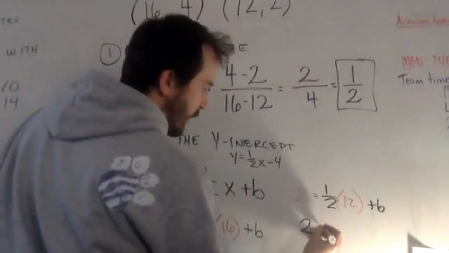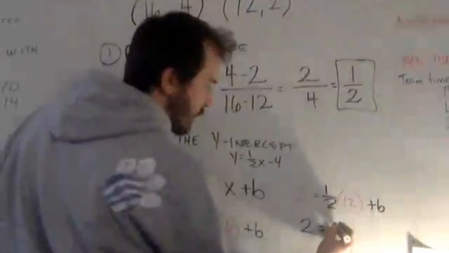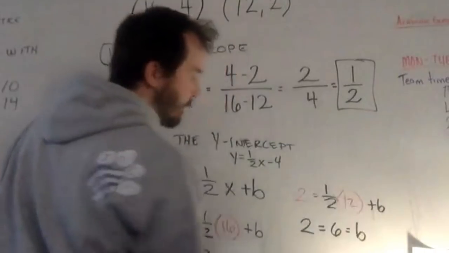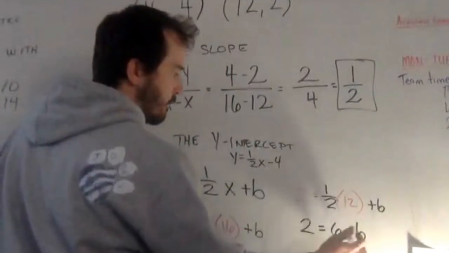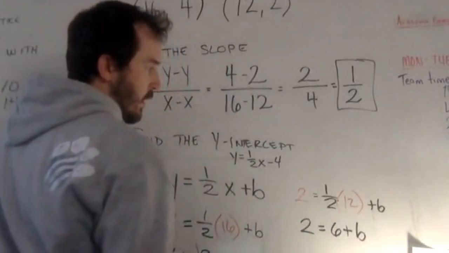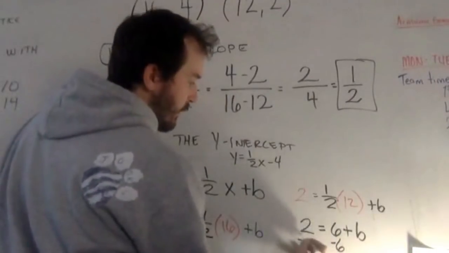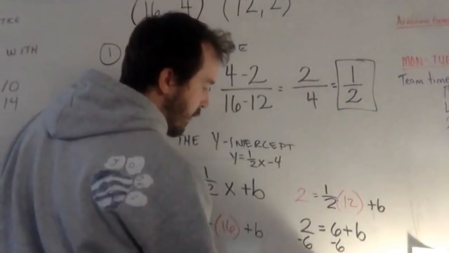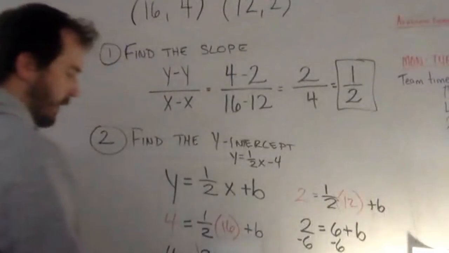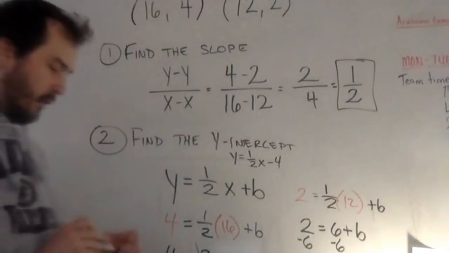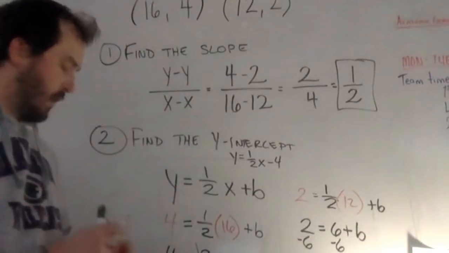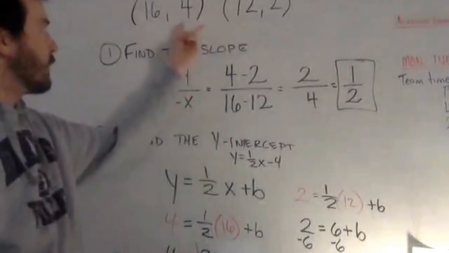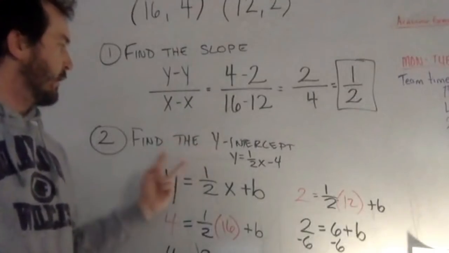Half of 12 is 6, so 2 equals 6 plus b. Then take away 6 from both sides, and I end up with 2 minus 6, which is -4, equals b. Look at that, -4 equals b. So yes, we can in fact use either of the coordinates we started with once we get to finding the y-intercept.